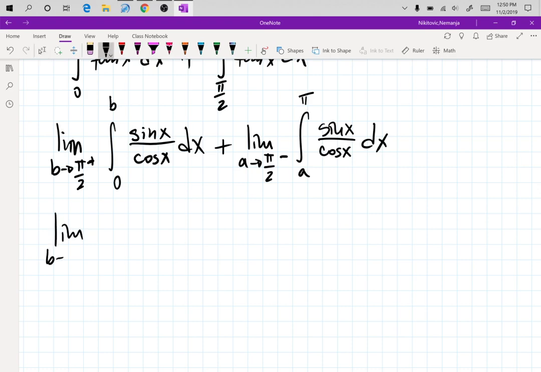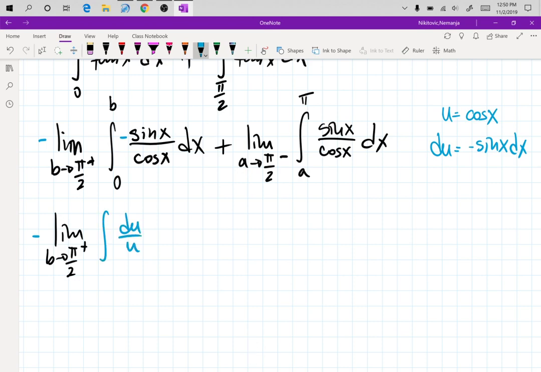So limit b goes to pi over 2 from the right, integral of sine over cosine, I'm using a u sub. For both of these integrals, u equals cosine x, du equals negative sine x dx. So I need to put in these minus signs, so the minus signs will travel with me. And I have the integral of du over u.